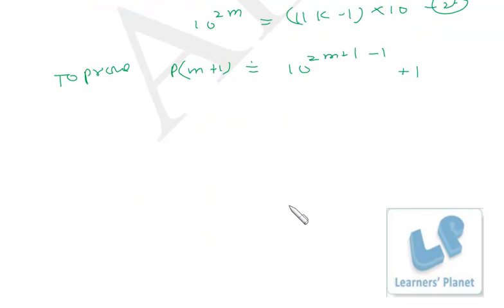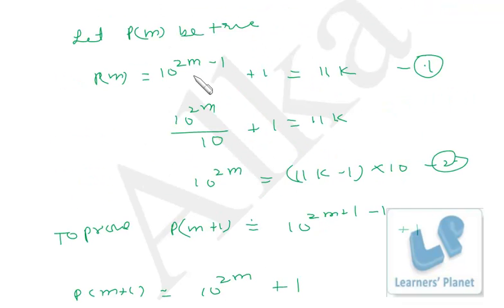Okay, so Pm plus 1 is 10 to the power 2m plus 1, right? Instead of m, I put m plus 1. I'm sorry, I have written wrong. So it is m plus 1, so it is 2m plus 2 minus 1. So precisely it is 2m plus 1.